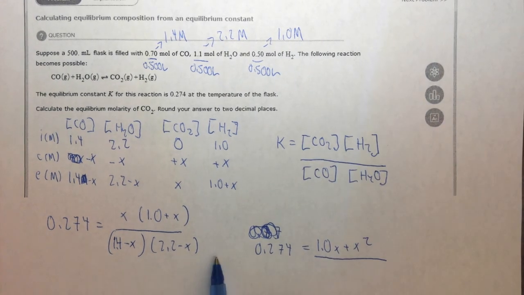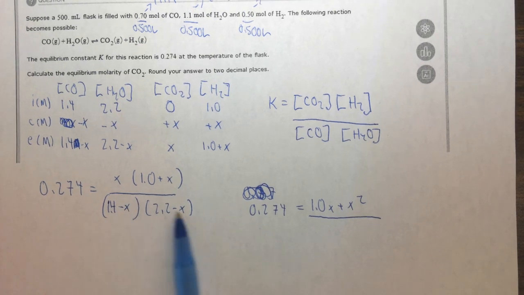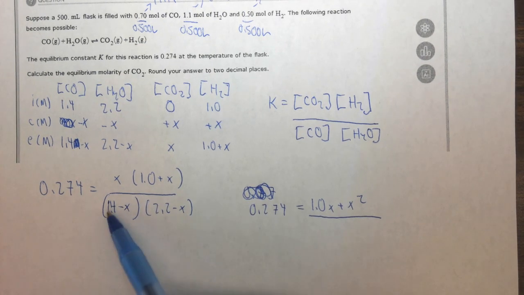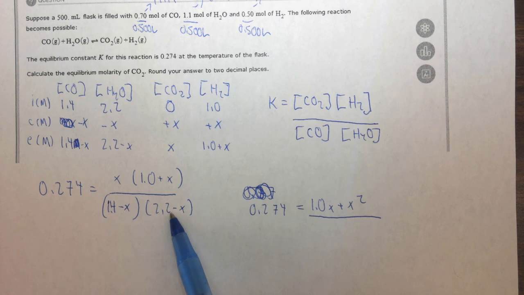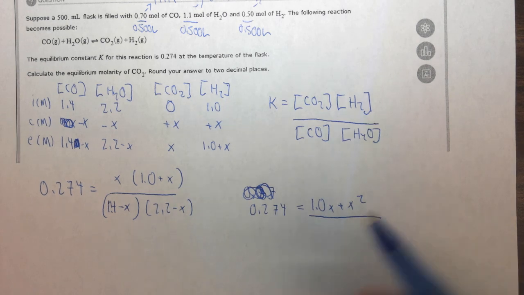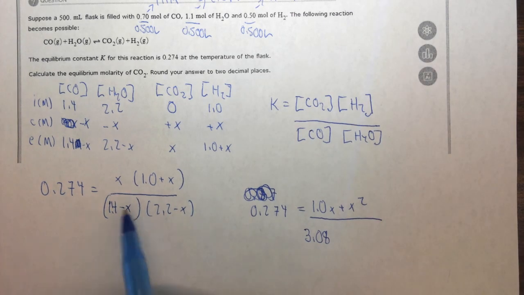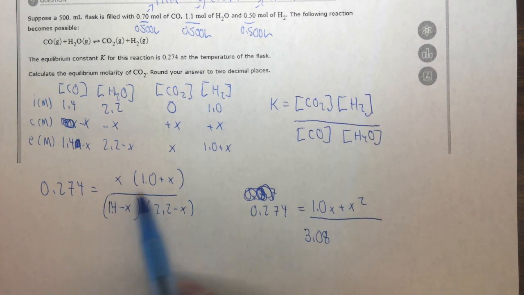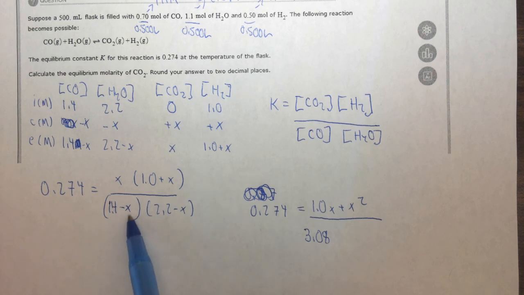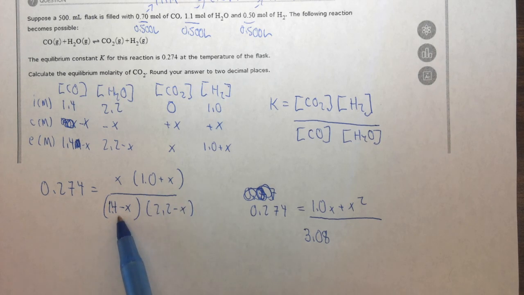In the bottom case, however, I have to actually FOIL this. So first times first is 1.4 times 2.2, which is 3.08. Now I need to do the inside, which is minus 2.2x, plus the outside, minus 1.4x.